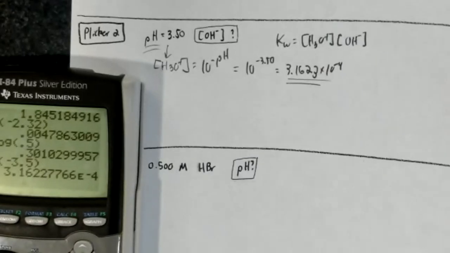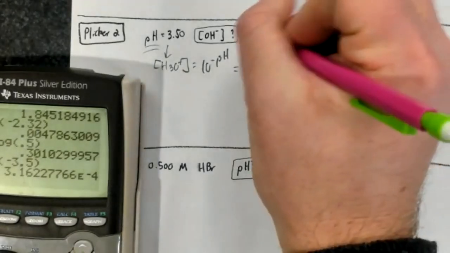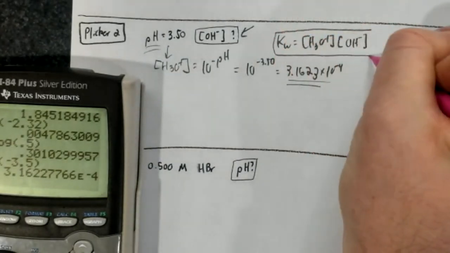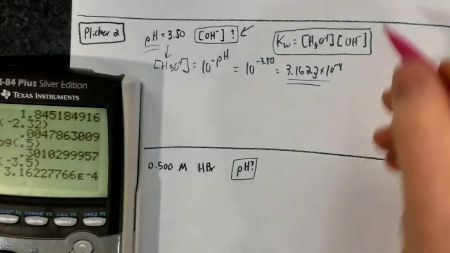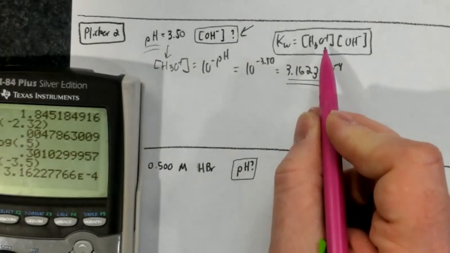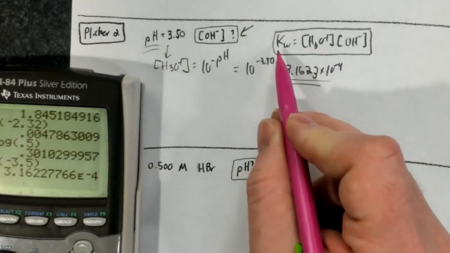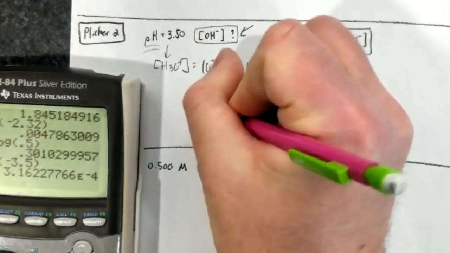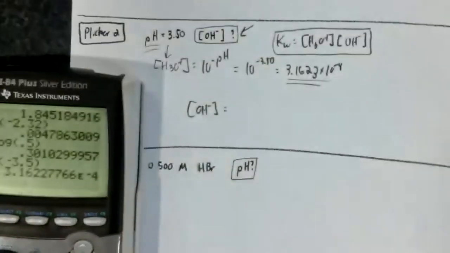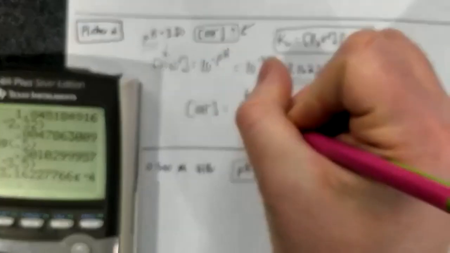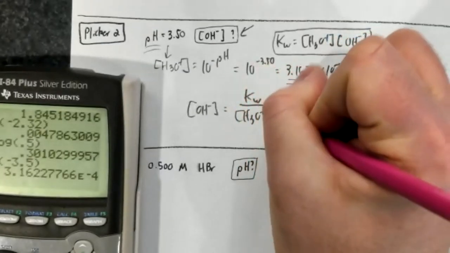The question is asking what the concentration of hydroxide is. So I'm going to rearrange this Kw equation to isolate the value I am interested in, the hydroxide concentration. I'll divide both sides by H3O plus, which gets me this relationship: the concentration of OH minus is going to equal Kw over the concentration of H3O plus.